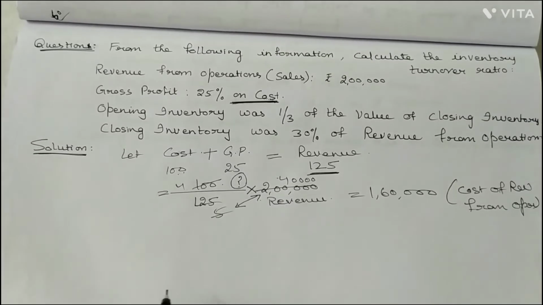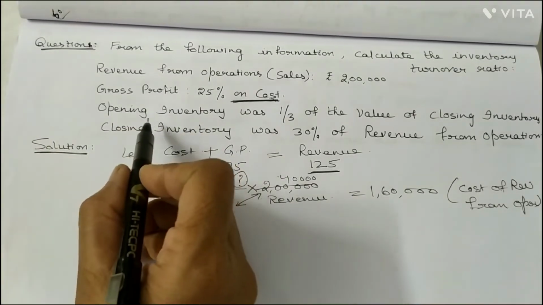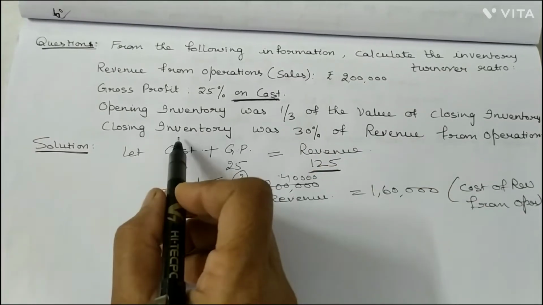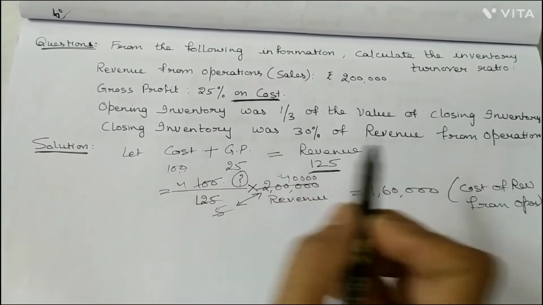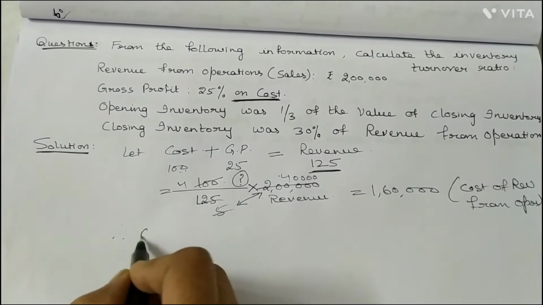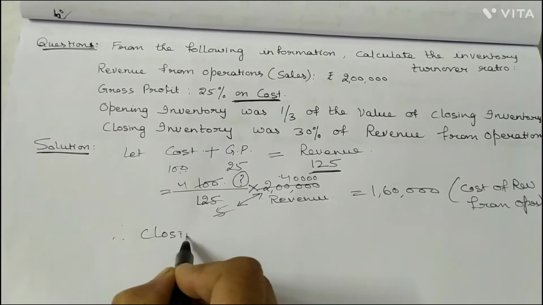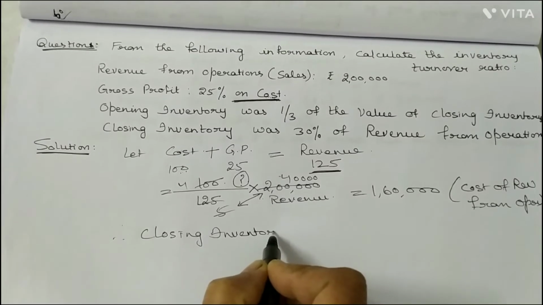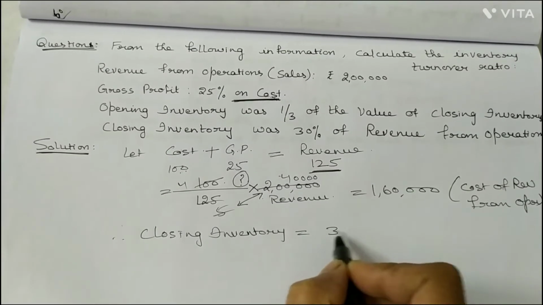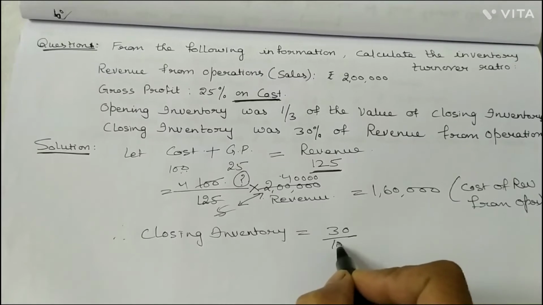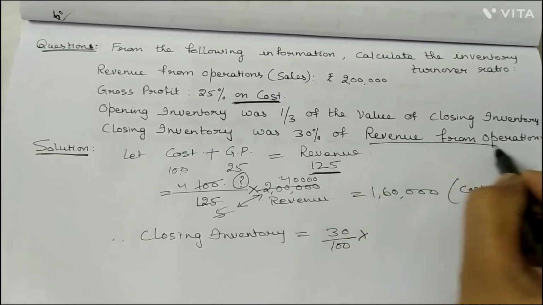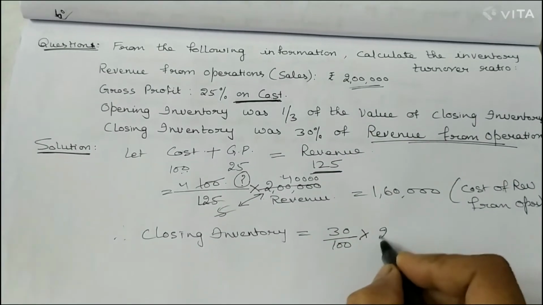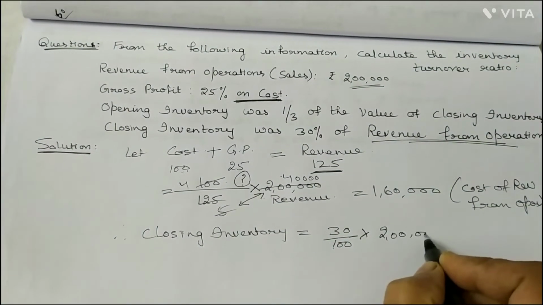Then opening inventory was 1/3 of the value of closing inventory and closing inventory was 30% of revenue from operation. Therefore, closing inventory is equal to 30% of this revenue from operation, which is given in the question as 2 lakh. So you have to write it here, 2 lakh.